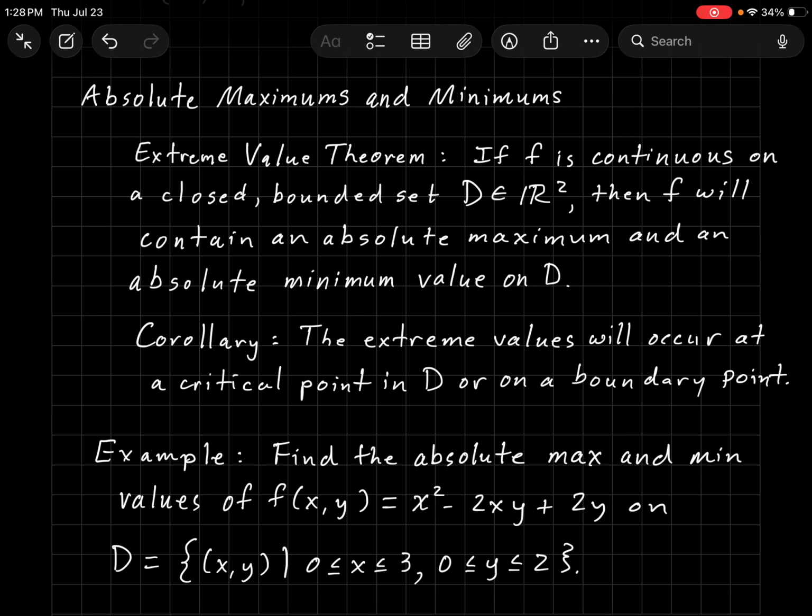So if f is continuous on a closed bounded set, a closed bounded set would be something like this in the xy plane, all the points in between. Not bounded would be something like this, where we don't include the endpoints. So if f is continuous on a closed bounded set, then f will contain an absolute max and min value on this domain D.